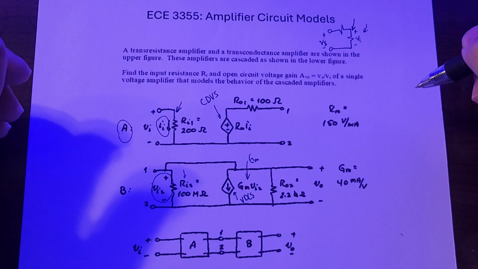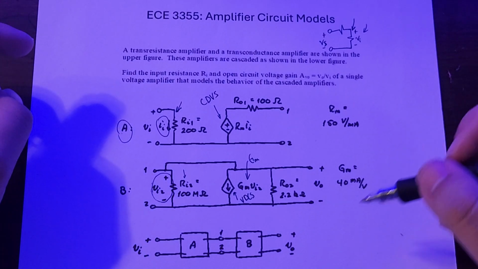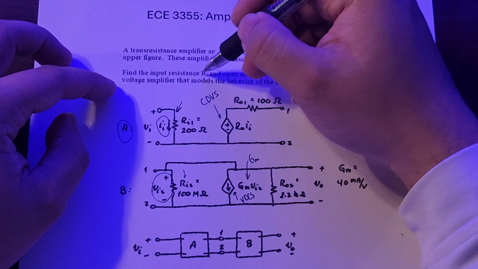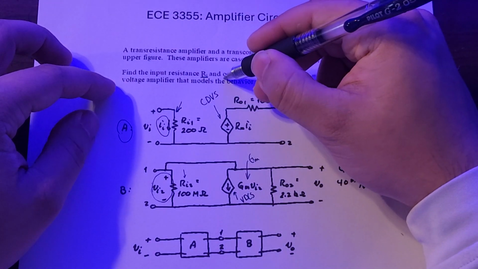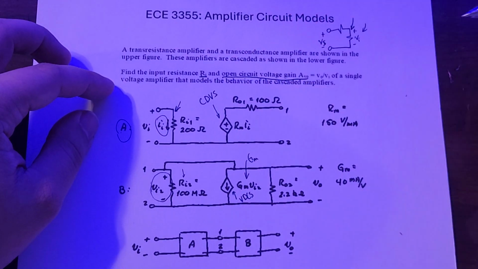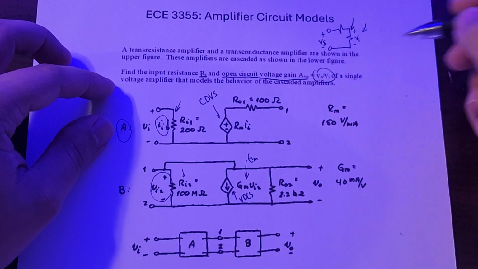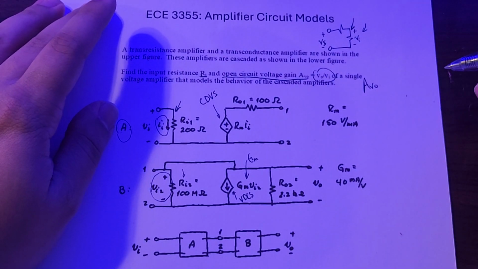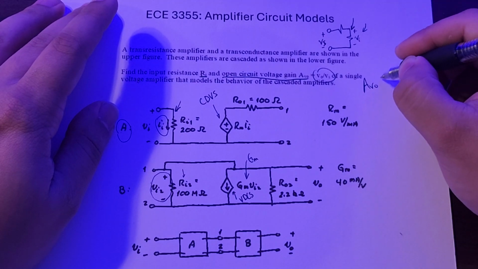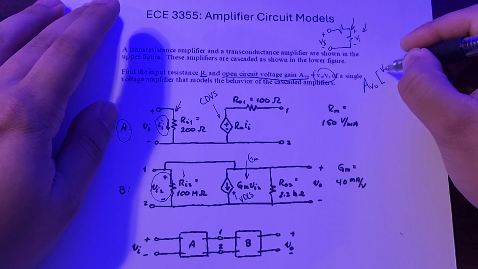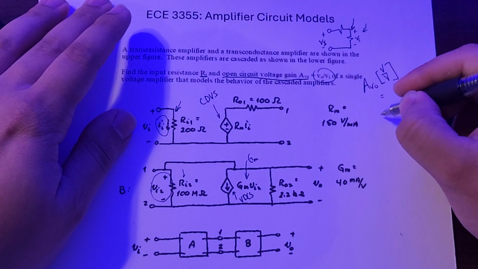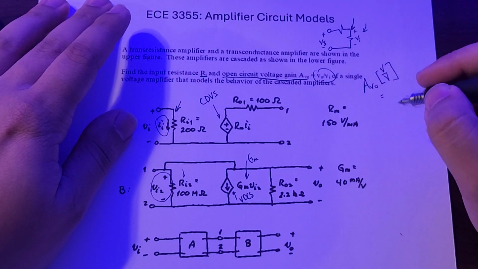So from here, what we have to do is find the input resistance and the open circuit voltage gain. So what we're saying here is that AVO, the open circuit voltage gain, is in volts per volt. So we're comparing the input voltage to the output voltage.